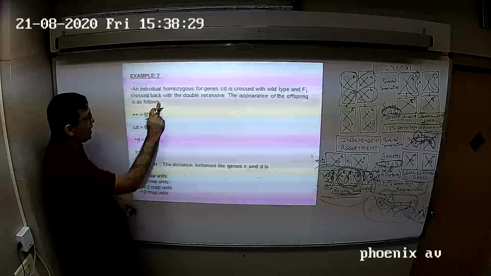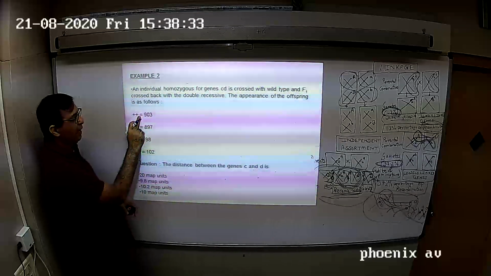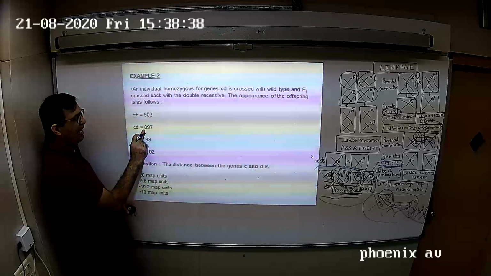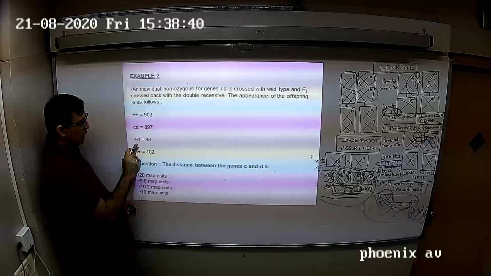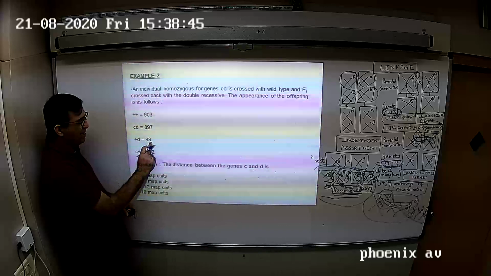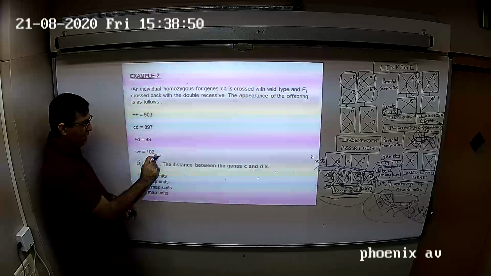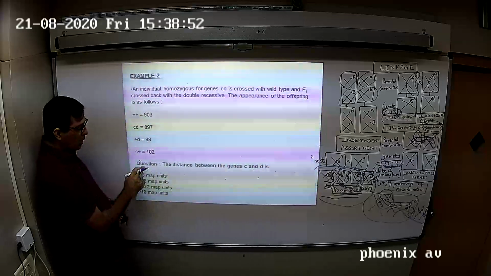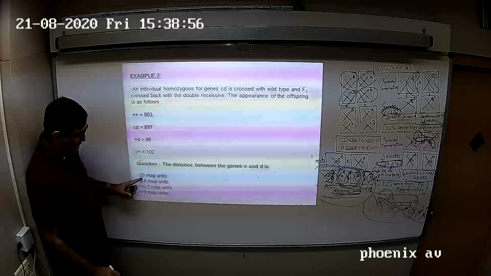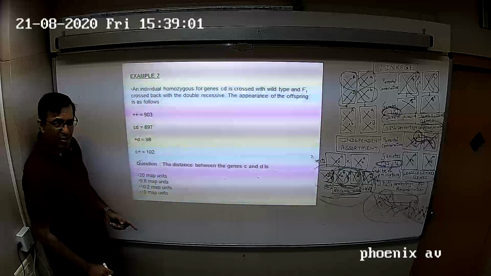Appearance of offspring is as follows: plus plus, that is parental, 903; small c small d parental, 897; plus small d recombinant, 98; small c plus recombinant, 102. Question: the distance between genes C and D is 20 map units, 9.8 map unit, 10.2 map unit, or 10 map unit? This is again from the NTA paper.